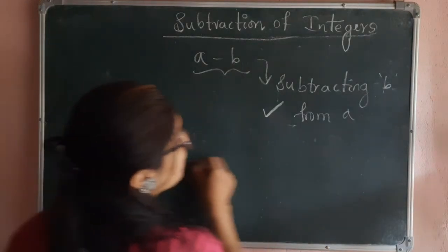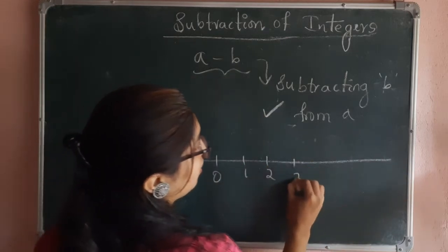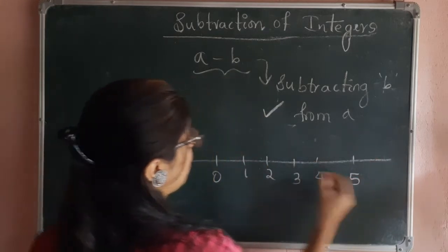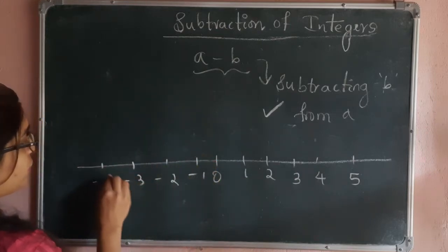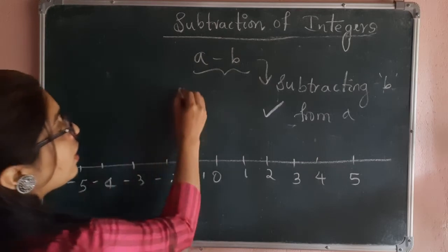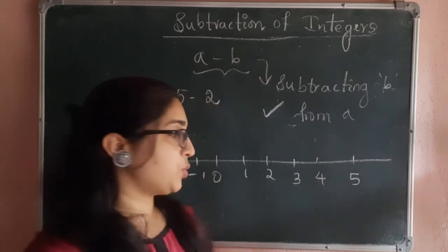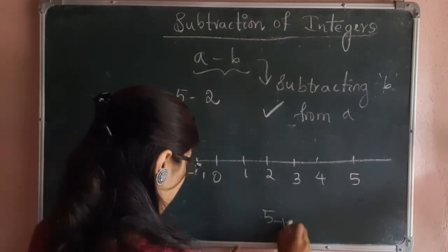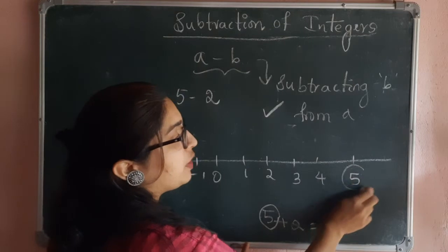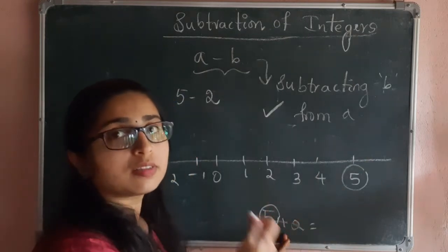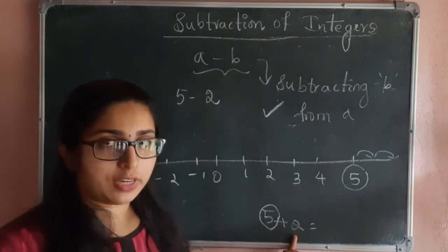Next, if I consider the number line, this is 0, 1, 2, 3, 4, 5, and here minus 1, minus 2, minus 3, minus 4, and minus 5. Now 5 minus 2. As in the case of addition, 5 plus 2, I used to mark 5 first and move forward 2 units when adding a positive integer.